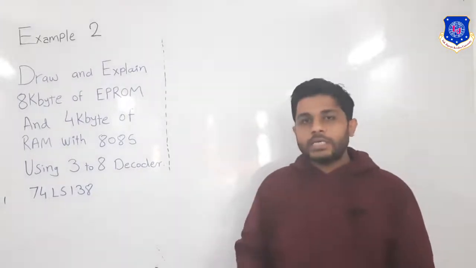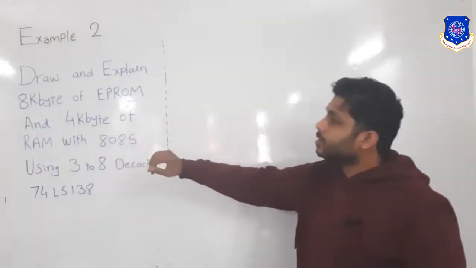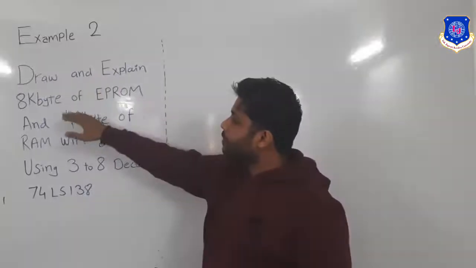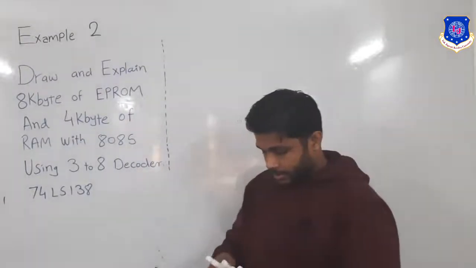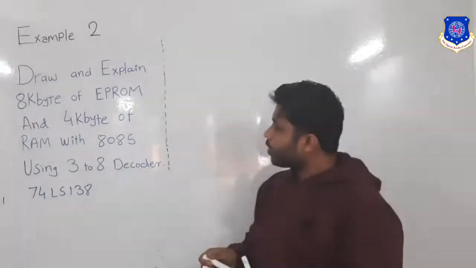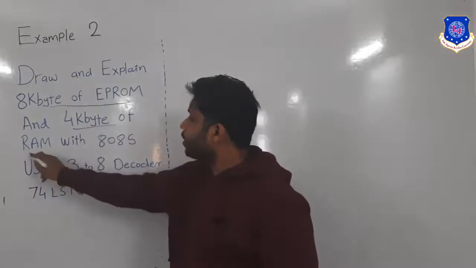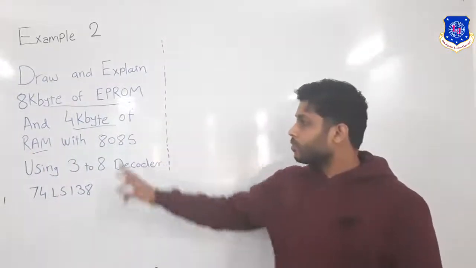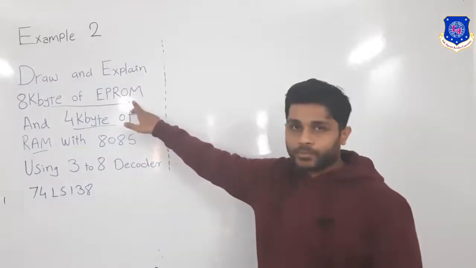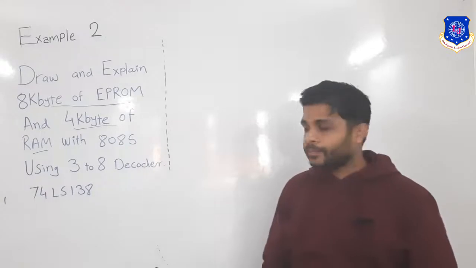So let's read the question that is asked to us. We have to draw and explain the interfacing of 8K byte of EEPROM and 4K byte of RAM. So we are asked to interface two memories: one is a type of ROM, 8K byte of ROM, and another one is 4K byte of RAM.